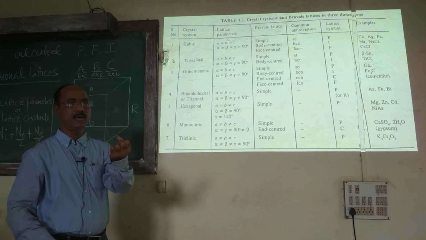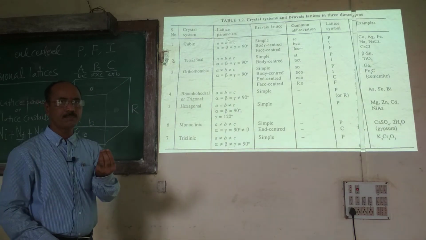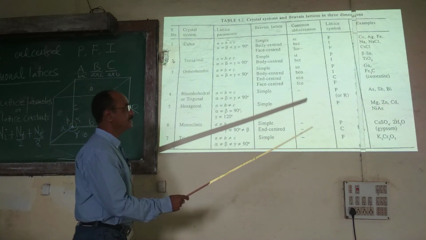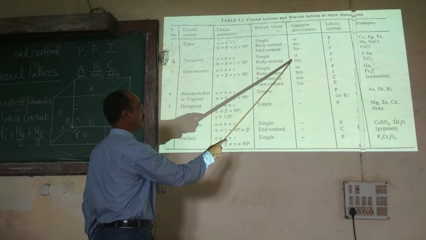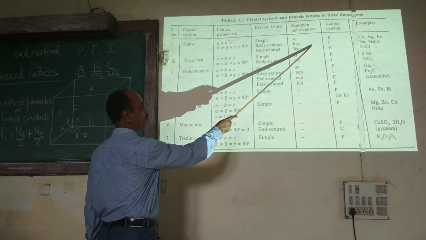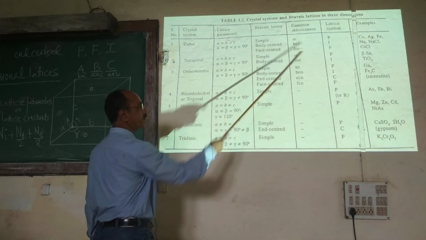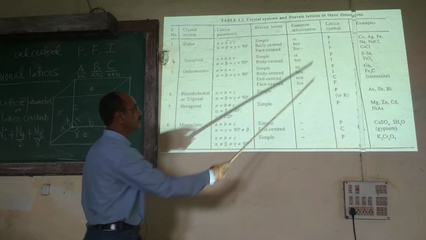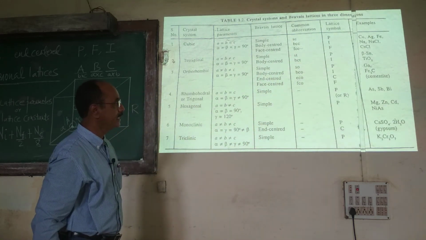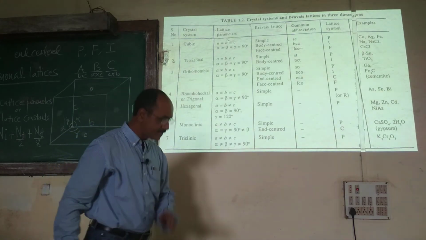We form a short form taking the first letters, and that is called an abbreviation. Here, SC for simple cubic, BCC for body centered cubic, FCC for face centered cubic. The symbols are P, I and F. They are obvious, I have already explained, and the examples are given.